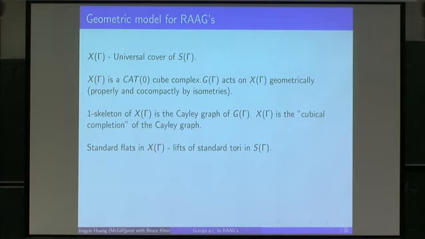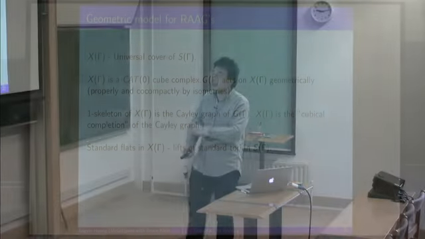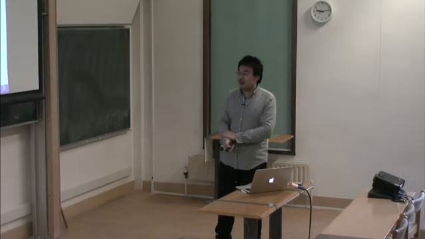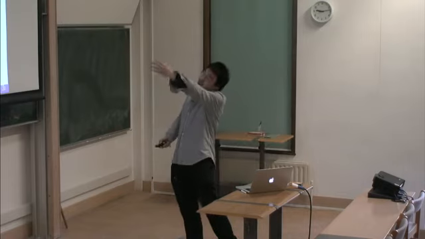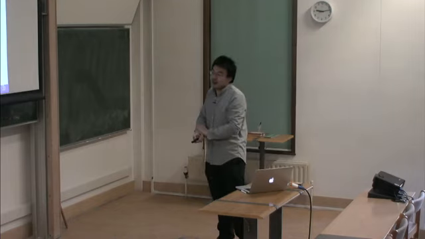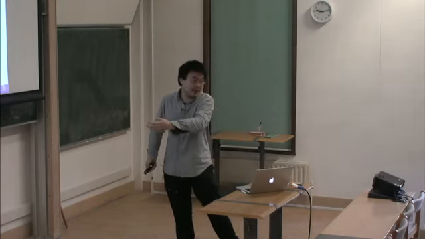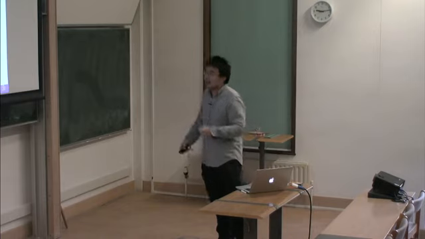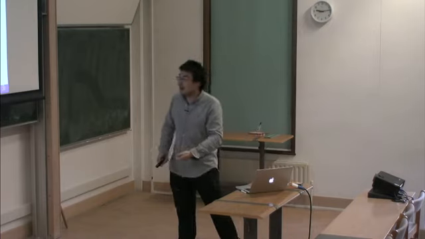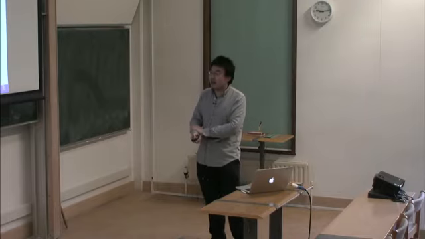We define the standard flats in X of gamma to be the lifts of standard tori inside the Salvetti complex. If you think about how G of gamma acts on X of gamma by left translation, the left cosets of standard abelian subgroups are in one-to-one correspondence with the standard flats in X of gamma.